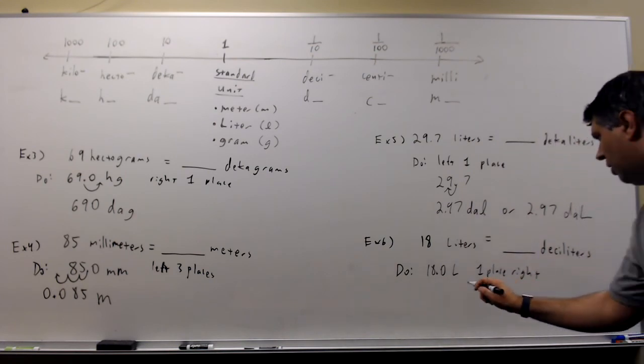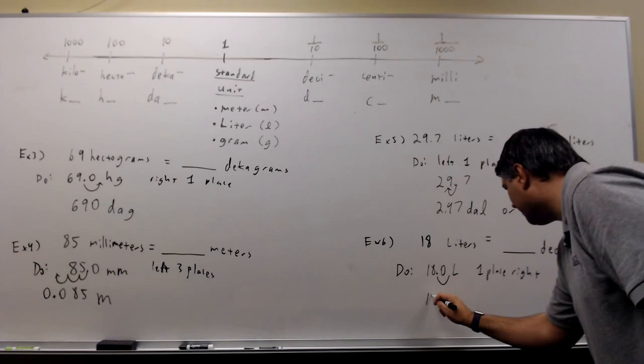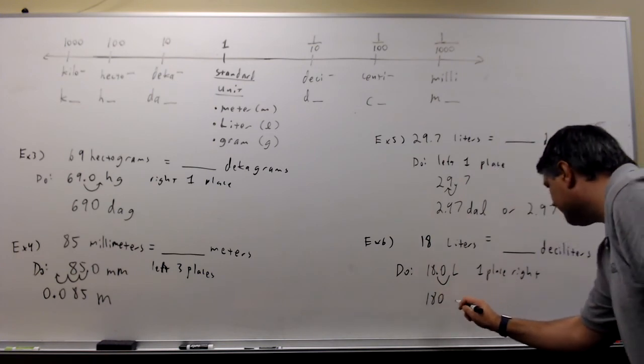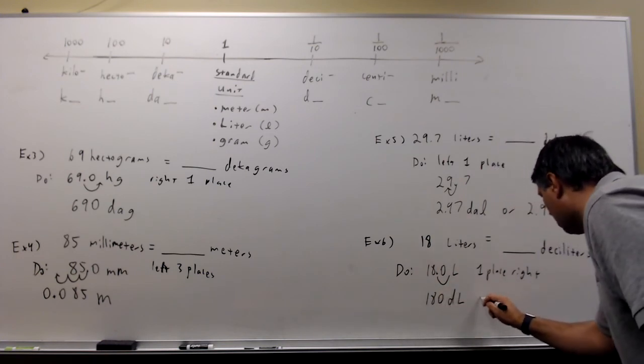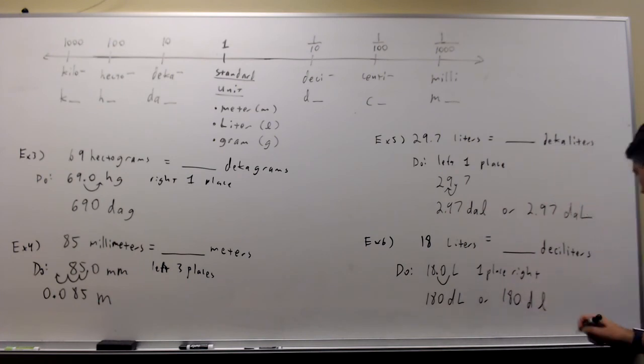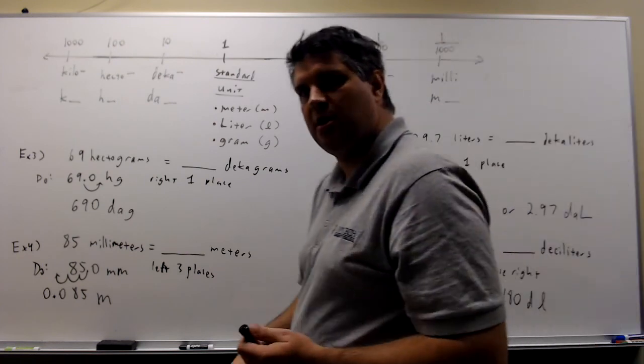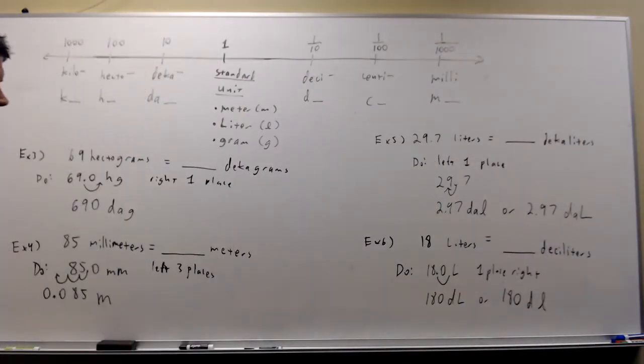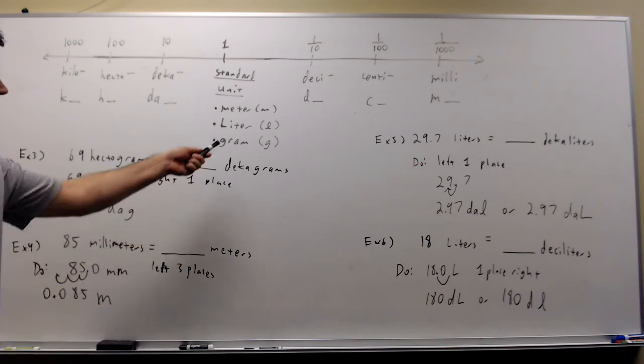So I have 180 deciliters or 180 dl, lowercase. Okay, you have multiple options when it comes to labeling the volume.